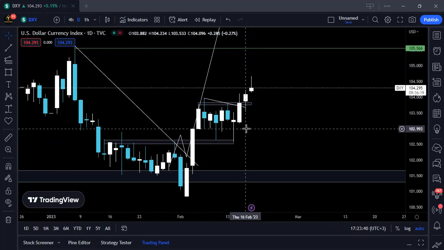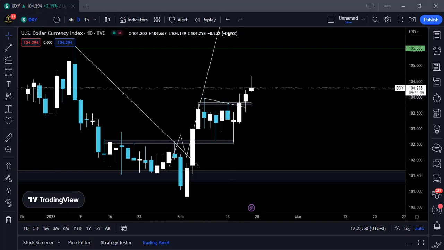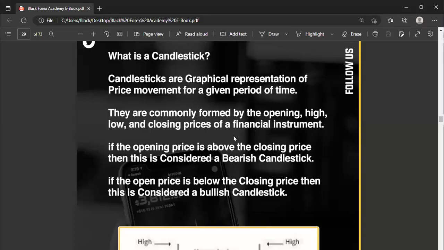So candlesticks merely present the movements of the price within that specific time period, right? Now, they're normally formed by the opening price, the closing price, the high and the low, all of which are very important in your trading.